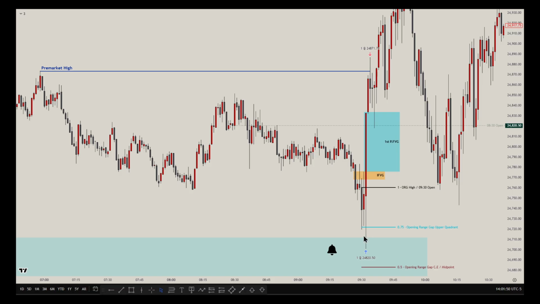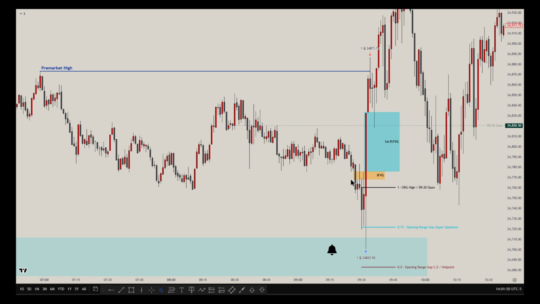Also, do not be tricked. My entry, although it says 24,820, although it's at this low, it's at 24,820. That's about up here, this green line. So it looks like, oh, I got the complete low. I didn't. I was waiting for this fair value gap to become an inversion fair value gap, and by the time it did, price is up there.